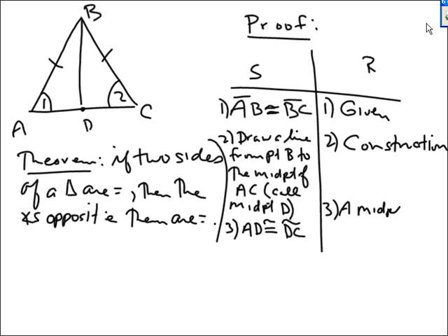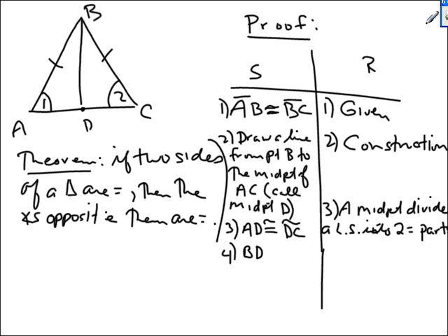A midpoint divides a line segment into two equal parts. And of course, you should write out these words. Line segment, equal. Okay. Number 4. BD is equal to BD. Reflexive property.